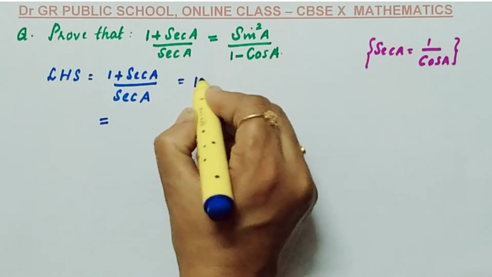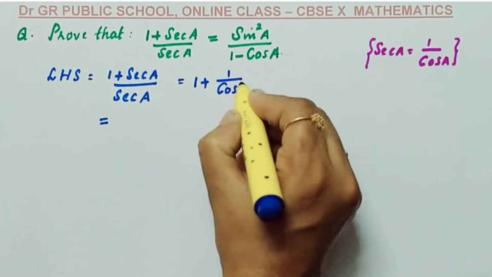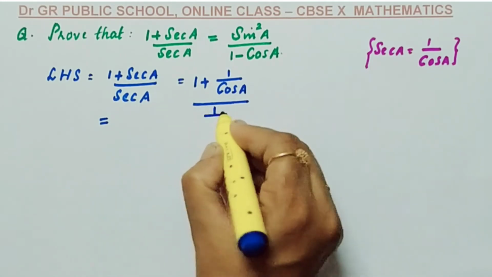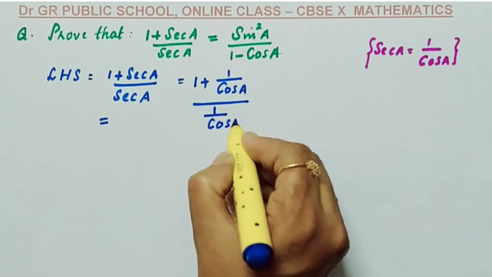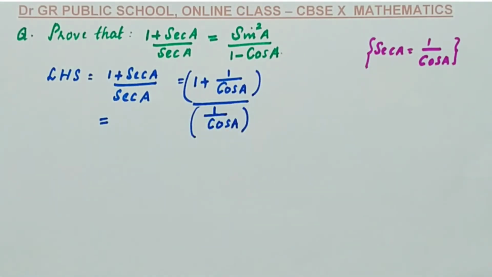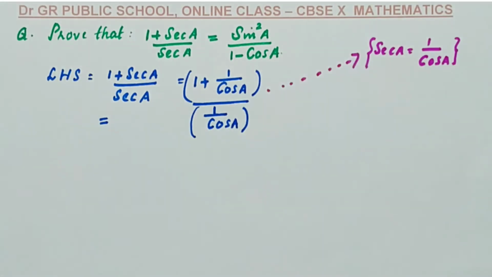Which is equal to 1 plus sec A, replaced with 1 by cos A, by, here also sec A that I am going to replace with 1 by cos A. This is the numerator and denominator separately. In this step, I applied the relation sec A equal to 1 by cos A, the reciprocal relation.